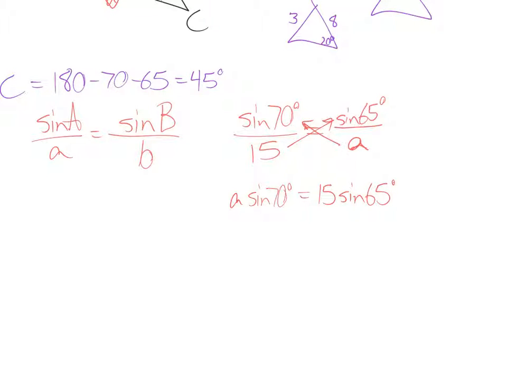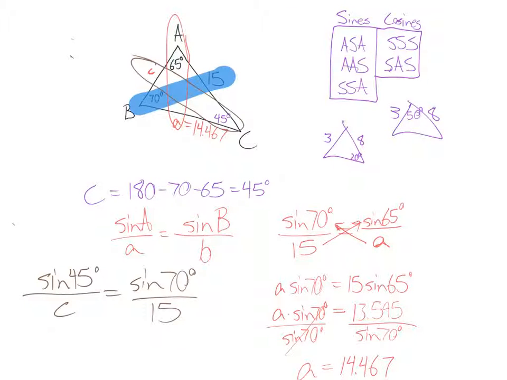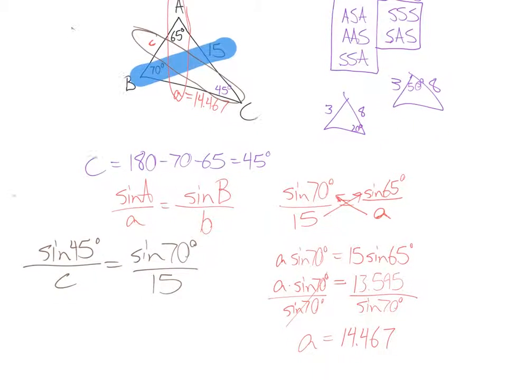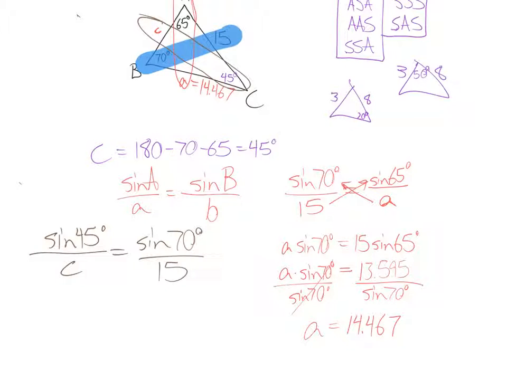Anytime you have a proportion, you can cross multiply like this. So you can plug that 15 times the sine of 65 into your calculator. You can even use the other one that you just figured out.